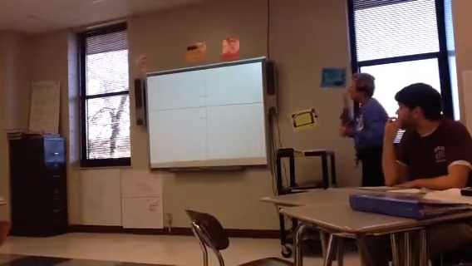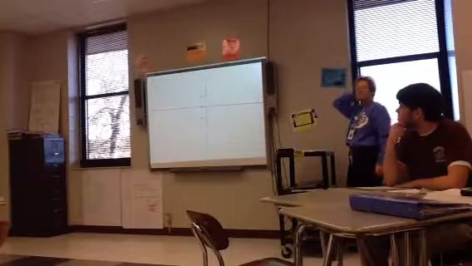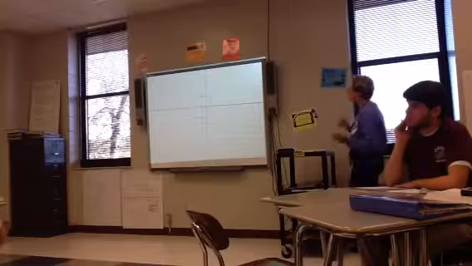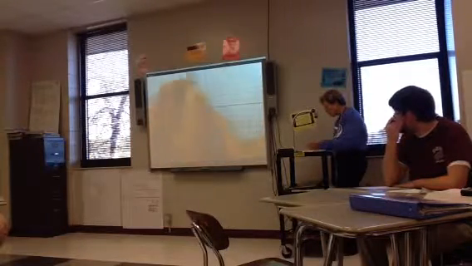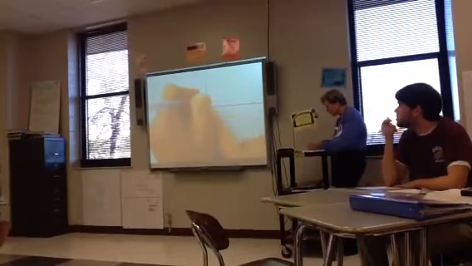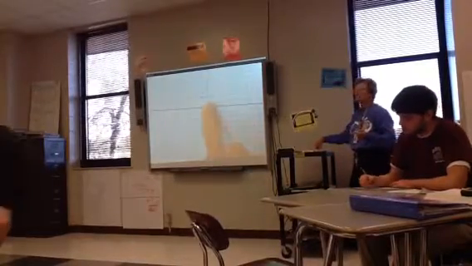Right? And because we're having to estimate, we know where we're going to start. Alright, if we do 1.2, it's going to be right here. That's my y-intercept on the positive side.